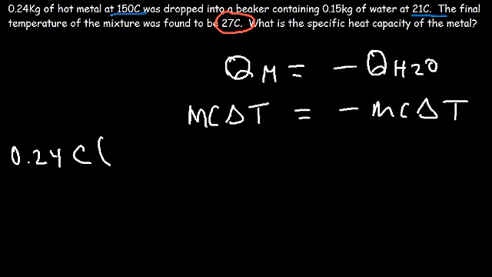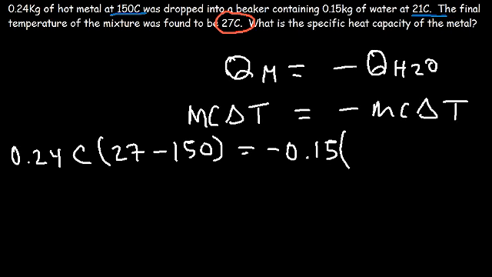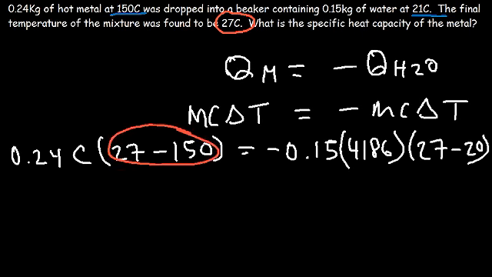And we know the final temperature of the metal is 27, and the initial temperature is 150. Now the mass of the water is 0.15, the heat capacity of the water is 4186, and the temperature change of the water, final minus initial, is 27 minus 20. So notice that this value is negative, and this value is positive. A negative does not equal a positive, so by adding this negative sign, they are now equal.